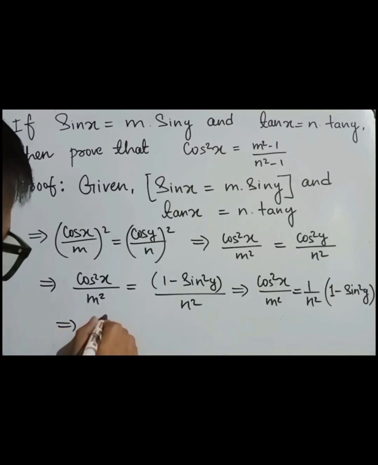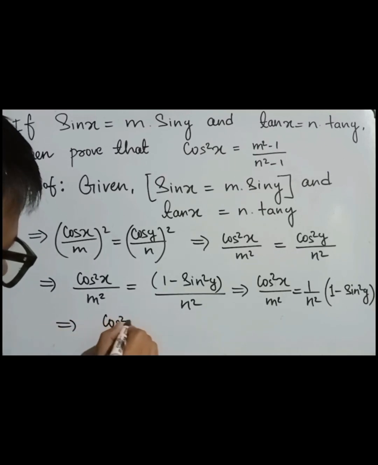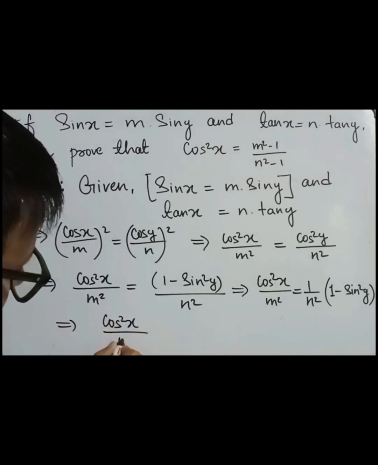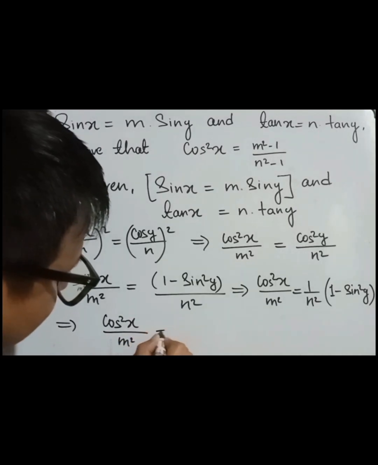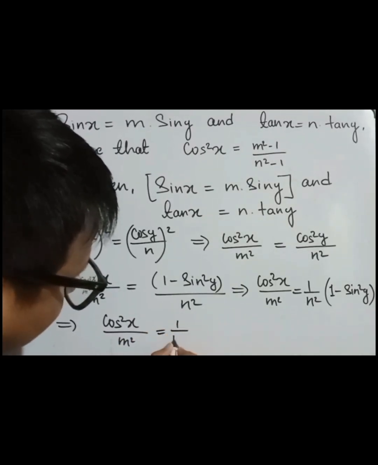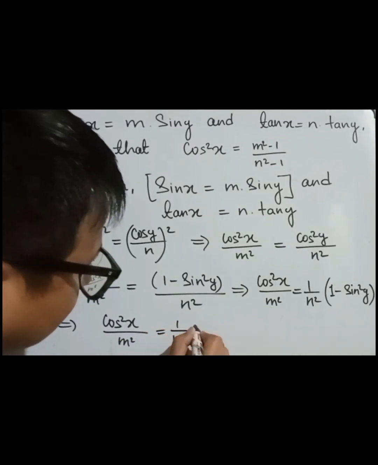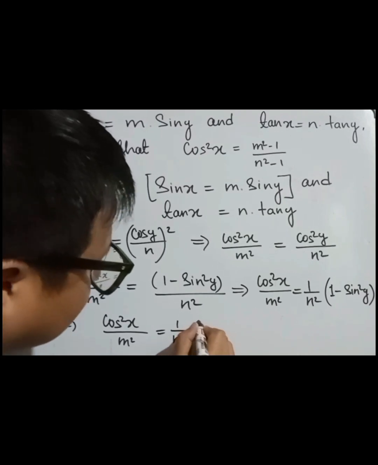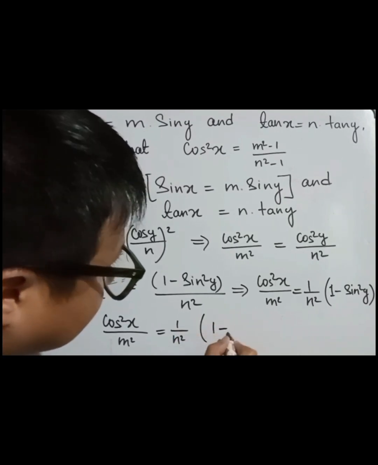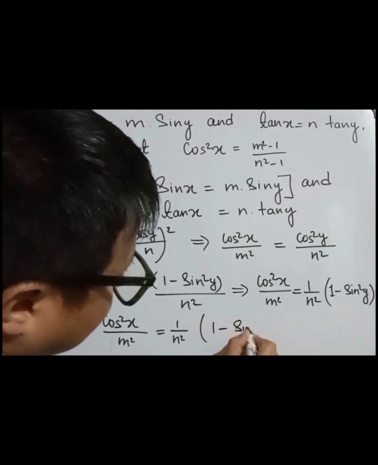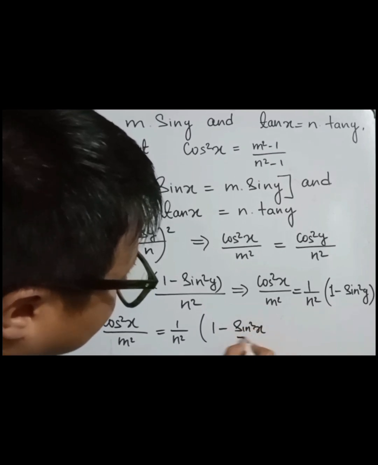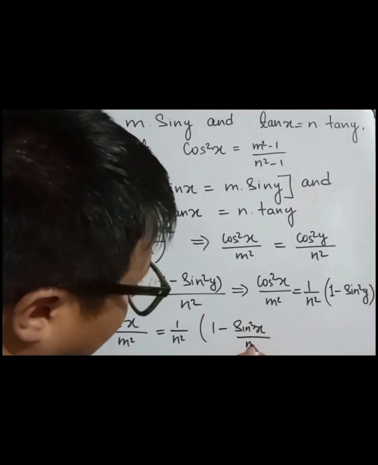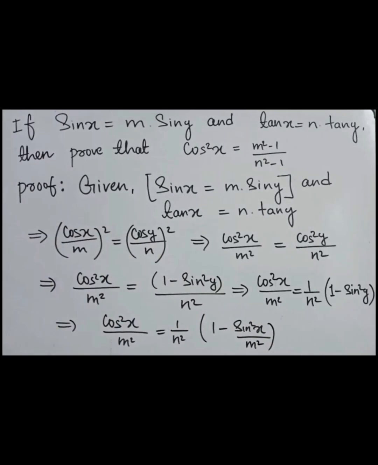And in the next line, it becomes cos square x upon m square is equal to 1 upon n square within bracket 1 minus, for sin y, we're going to write sin x upon m. So it becomes sin square x upon m square.